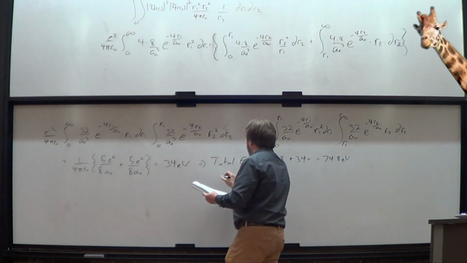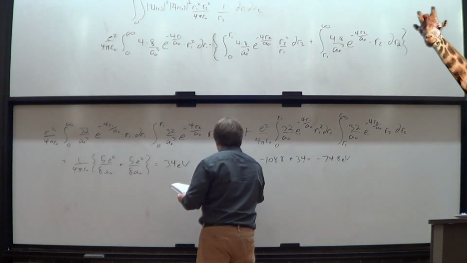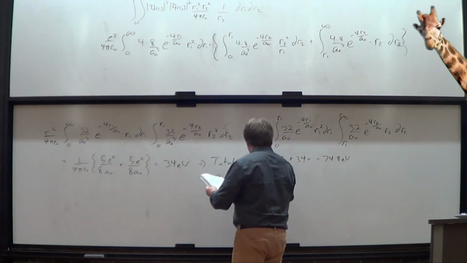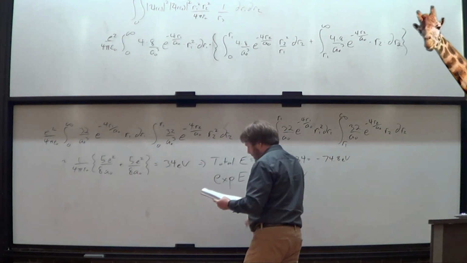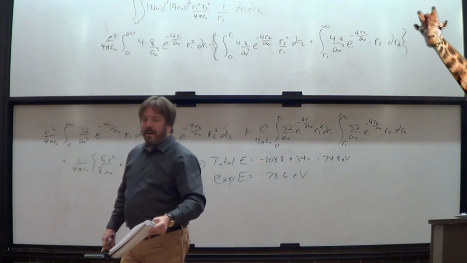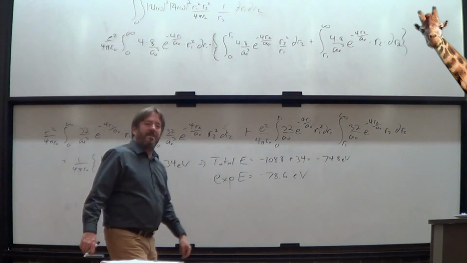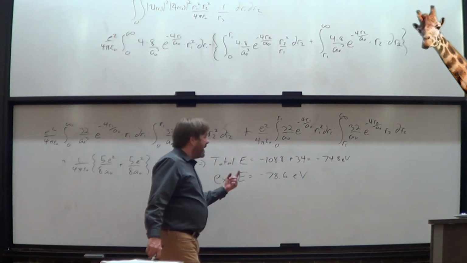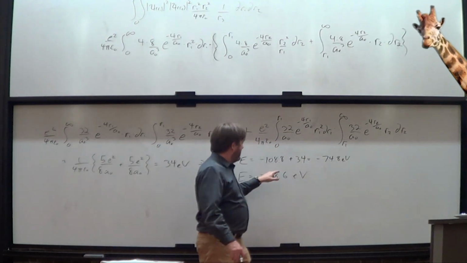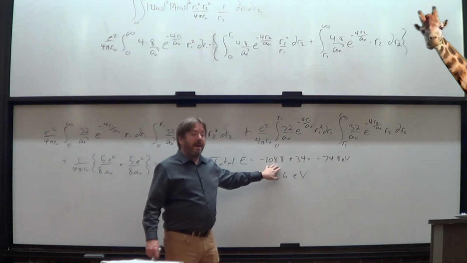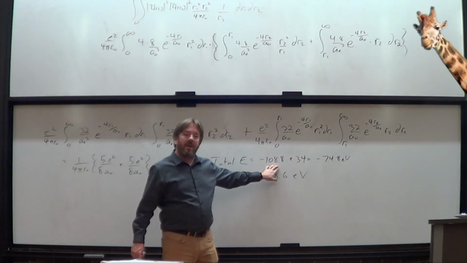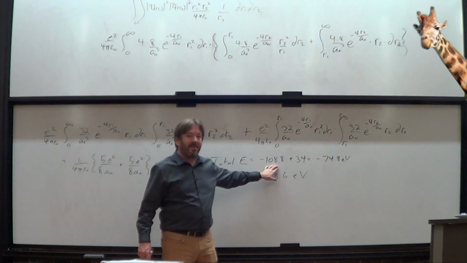The experimental is minus 78.6 eV. Okay, so there you go. This is a goddamn nightmare, wasn't it? Anyway, the unperturbed answer is terribly wrong. You can never ignore electron-electron interaction.